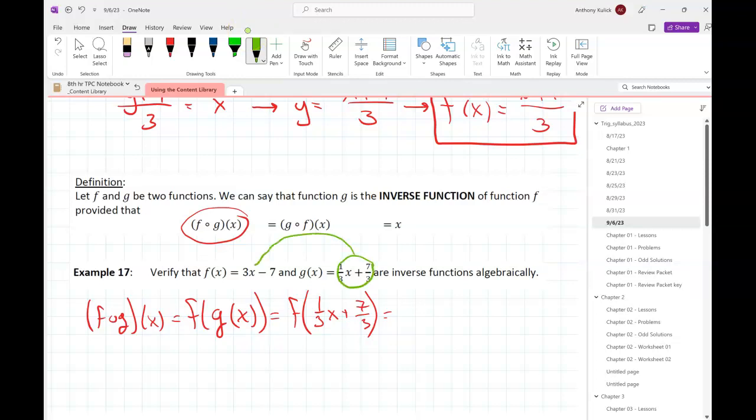Well, it really means that I'm going to take that and plug it into the x, right? So I have the 3, and instead of the x, I'm going to write 1/3 x plus 7/3, and then I still have that minus 7 afterwards.